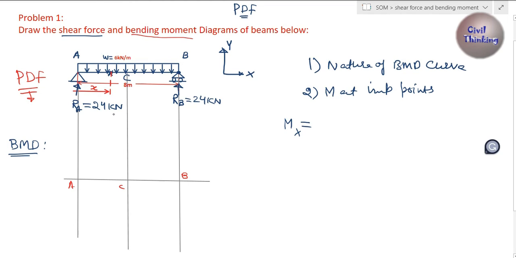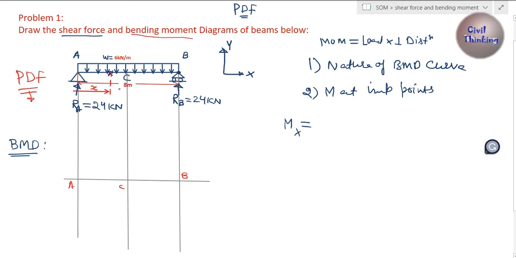We know moment is equal to load multiplied by perpendicular or normal distance. This is the formula for finding the moment.